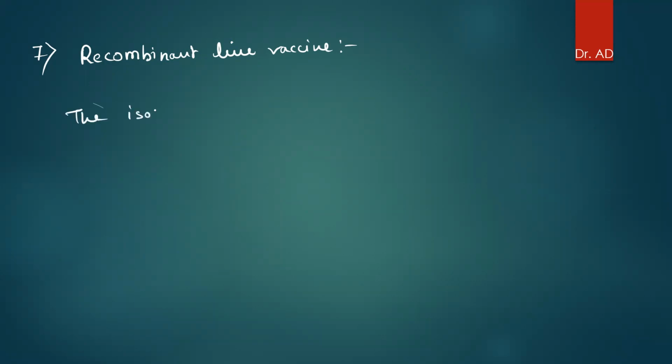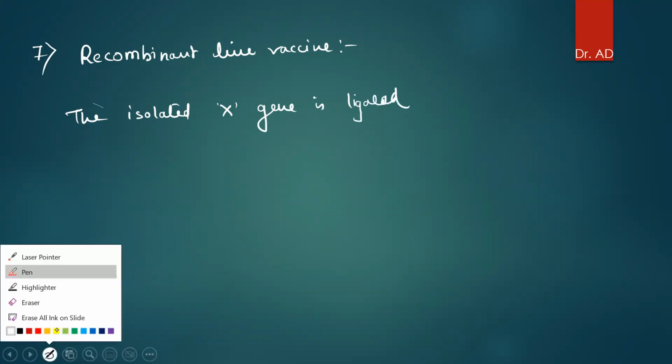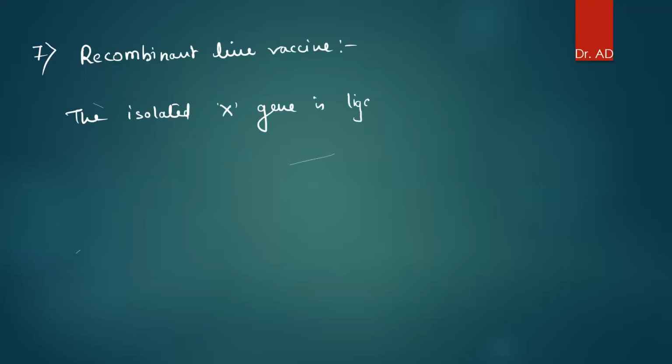The isolated X gene is ligated to vaccinia virus genome.